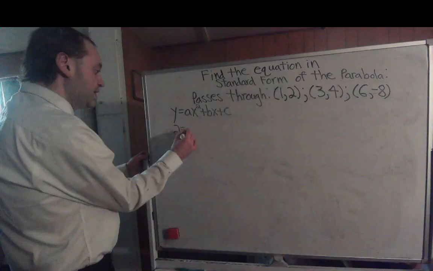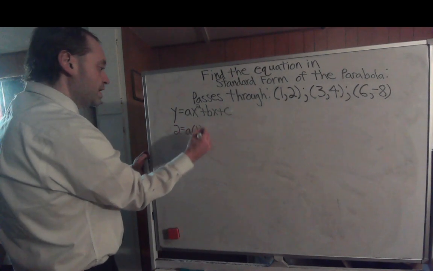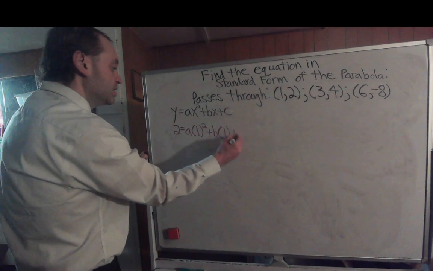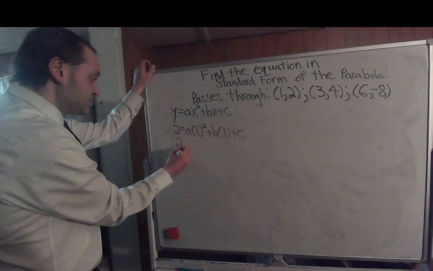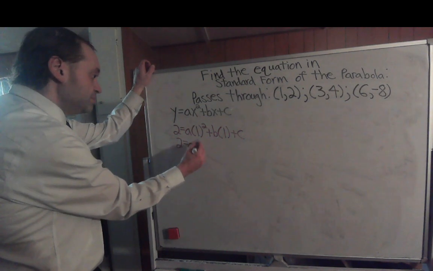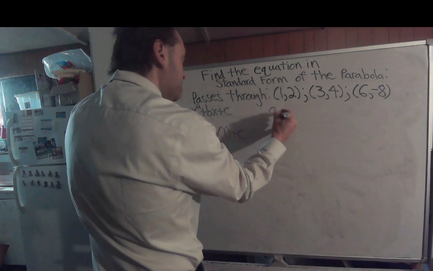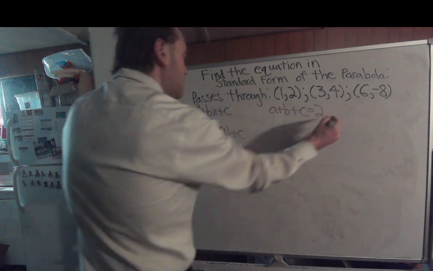That's going to equal a times your x squared of, that'd be 1 squared, plus b times your x of 1 plus c. Well, what this would give you is 2 equals a plus b plus c. So you literally get a plus b plus c is equal to 2.